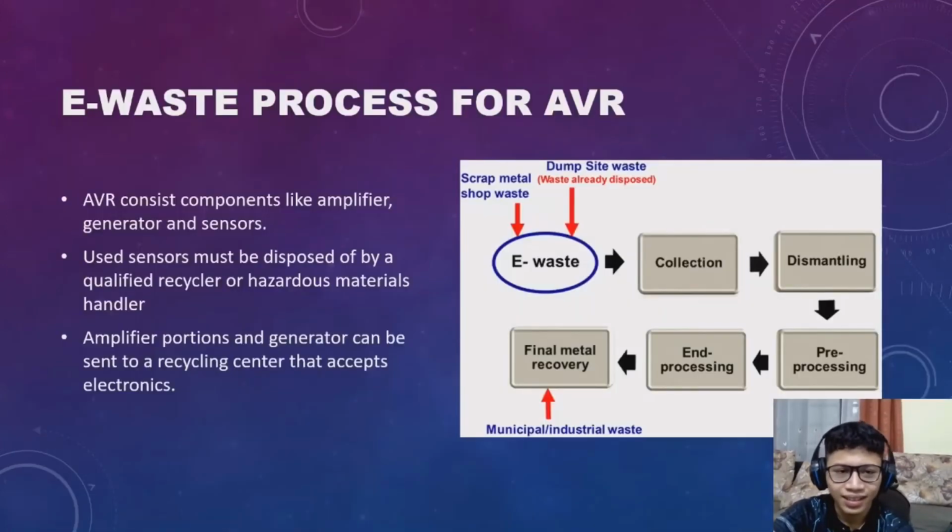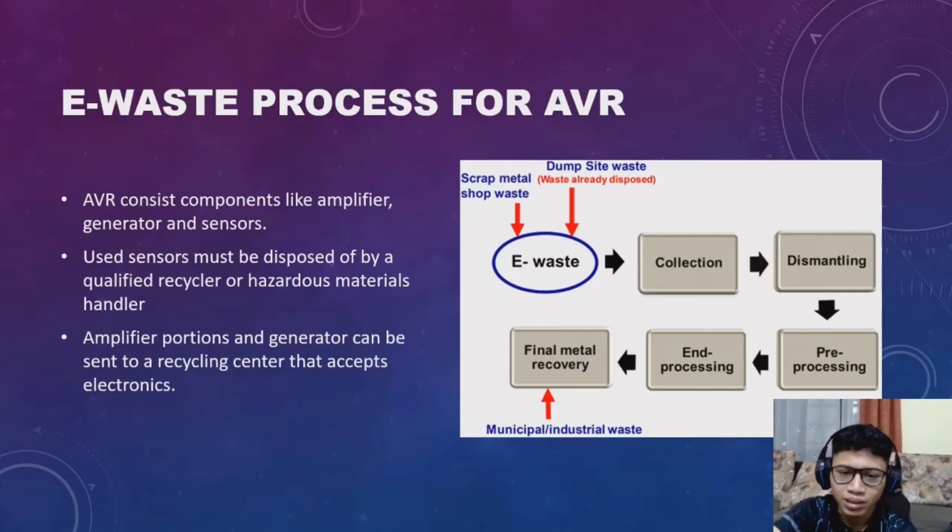Next is the e-waste process for AVR. AVR consists of components like amplifier, generator, and sensors. The used sensors must be disposed of by a qualified recycler or hazardous materials handler, while the amplifier portions and the generator can be sent to a recycling center that accepts electronics. As you can see in the picture beside, that is the e-waste process for recycling, reuse and other methods.